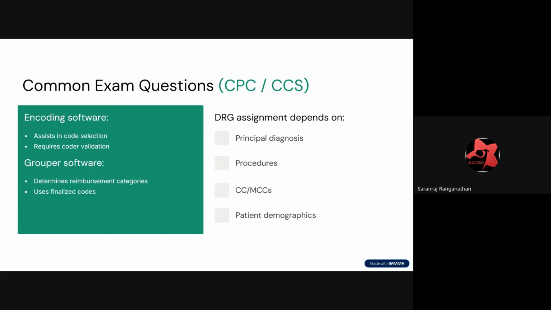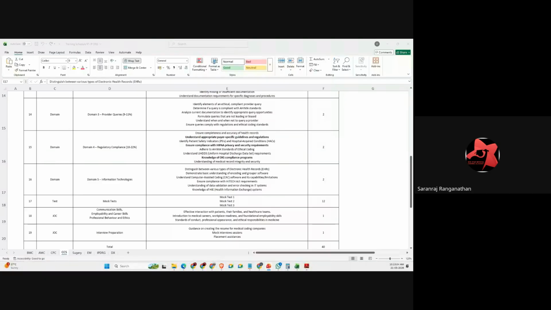These are some of the common aspects which you are going to encounter in the exam, both in CPC as well as in the CCS. Okay, this is for the encoding software, our basic understanding. Just try to remember these aspects so that you can answer the examination without any hesitation. Okay, clear?